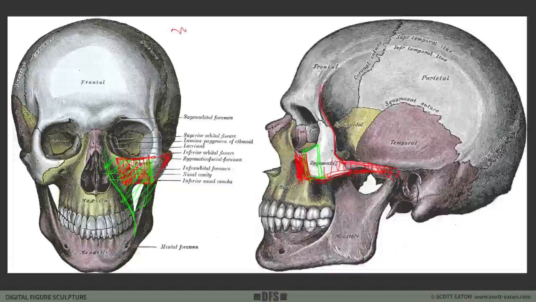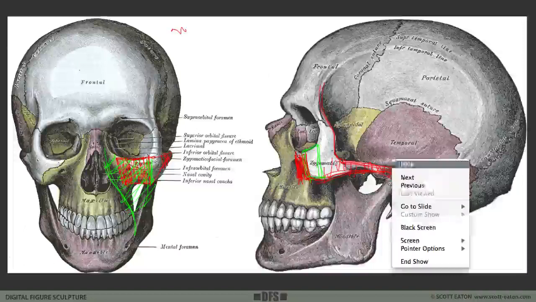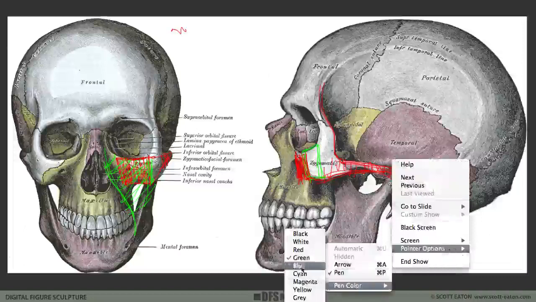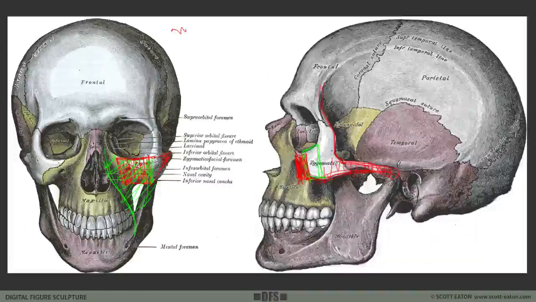Okay, the next constructional principle I want you guys to understand is the construction of the orbit, right? So if you have the top line of the zygomatic arch and you just bring it forward, I want you to understand that the orbit sits entirely above that line.